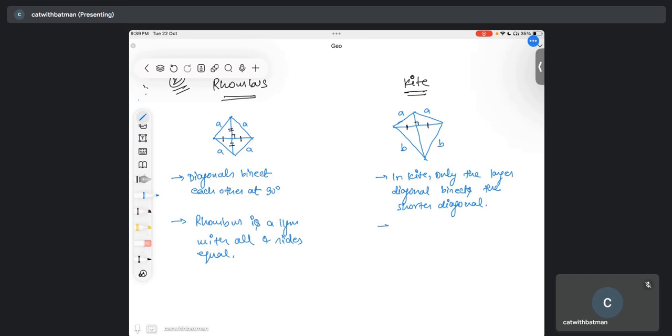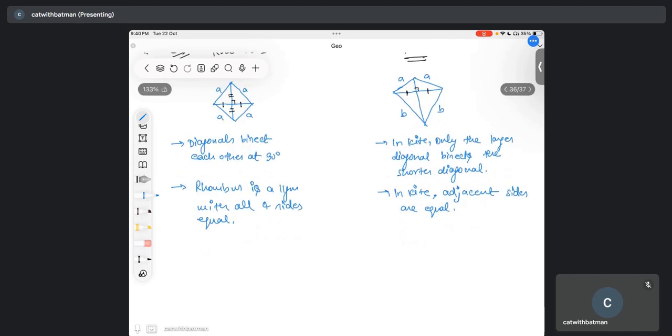While in a kite, adjacent sides are equal. So this you have in both of these. A rhombus is a parallelogram in which all four sides are equal. In a kite, only adjacent sides are equal.